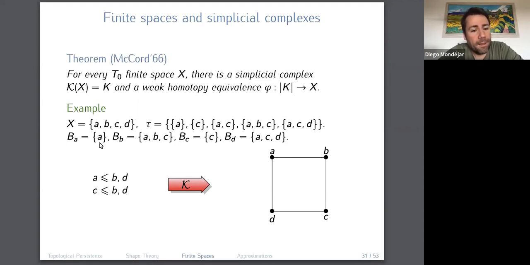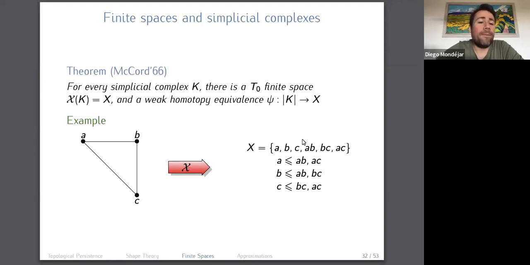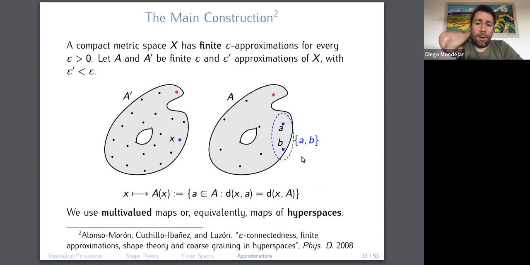A is smaller than B if the minimal neighborhood of A is included in the minimal neighborhood of B. Only with this order we have defined the finite topological space, and this theorem shows that there is a simplicial complex with the same homotopy and homology groups. And the other way around, for every simplicial complex, we have a finite space with the same homotopy and homology groups.